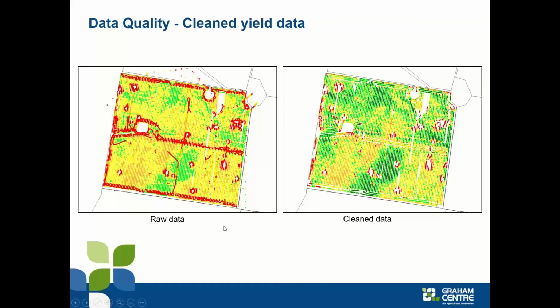And now it's a relatively straightforward process to run an algorithm that can identify all those points and generate a nice clean set of data, which we then use to generate our zone maps or to target and inform our investigative activities.